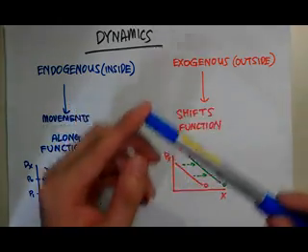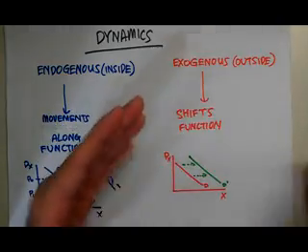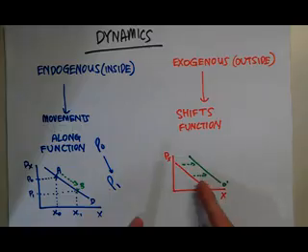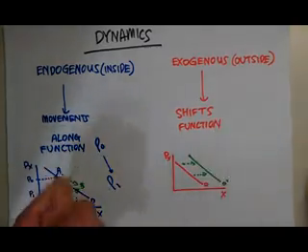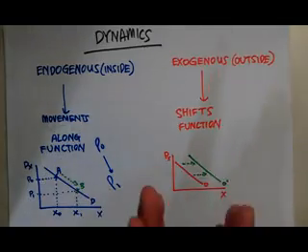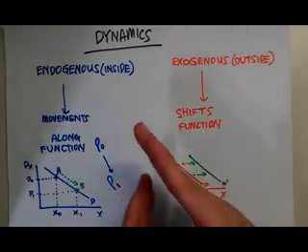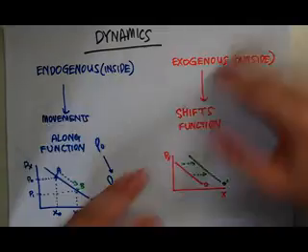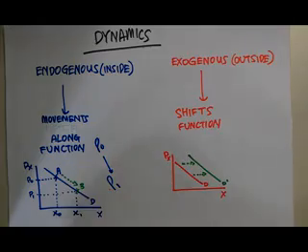When the demand decreases, this is an exogenous variable, so the demand curve will shift backwards. In this example I've drawn the demand curve shifting outwards, but it's the same thing. The important point to take note of is that exogenous changes cause the functions to shift. As for endogenous, it causes movements along the curve. We will be going through more of these examples in the later videos.